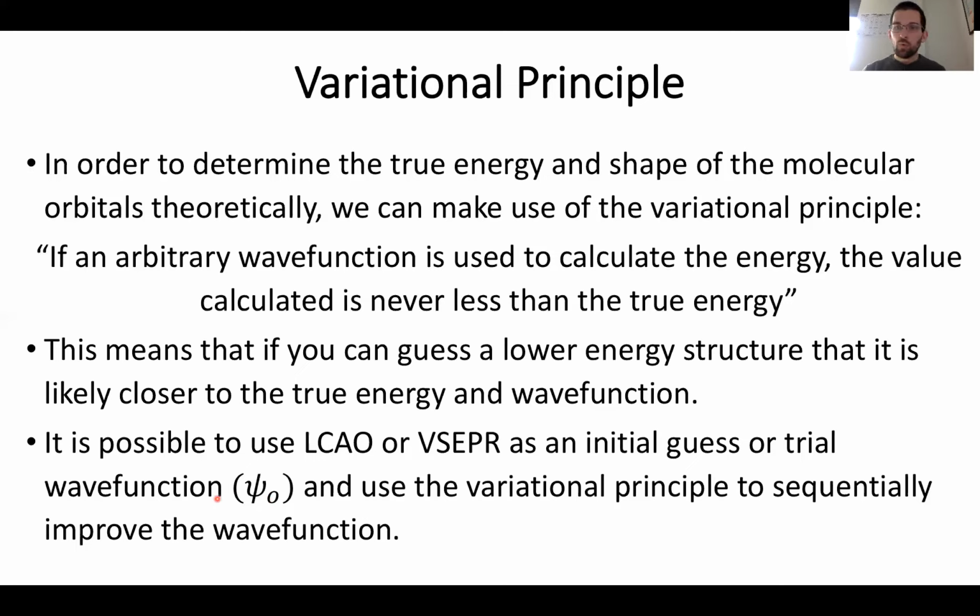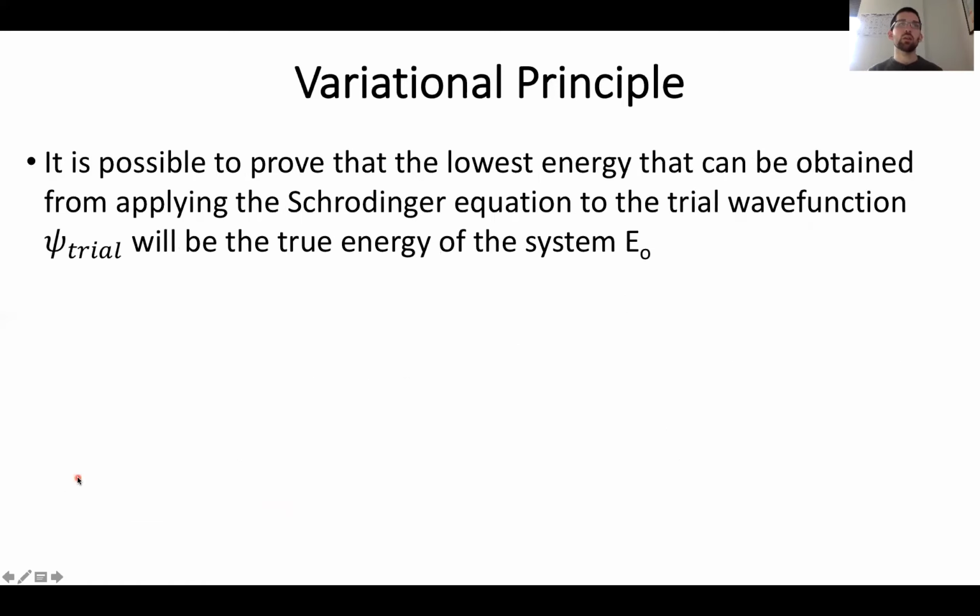So we're going to be focusing a lot on trying to both derive and prove the variational principle today. So really what we can do is show that if I have a trial wave function, psi trial, the lowest energy that I can possibly get by applying the Schrodinger equation to this guess wave function is going to be the true energy of the system.